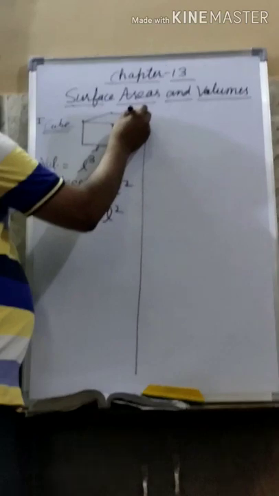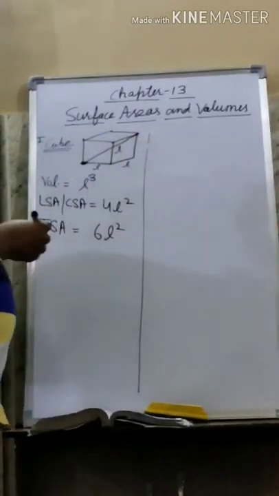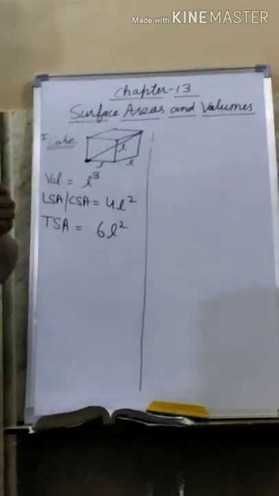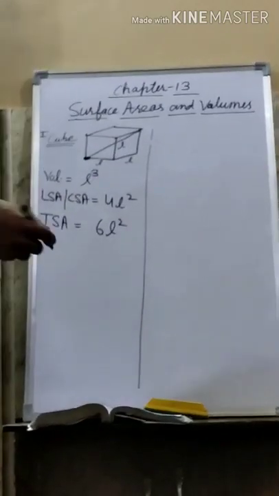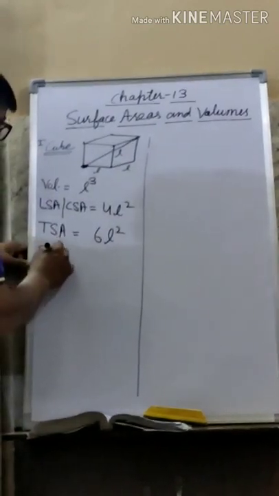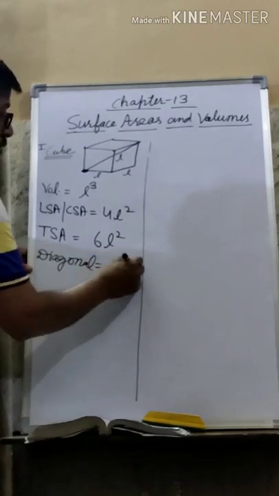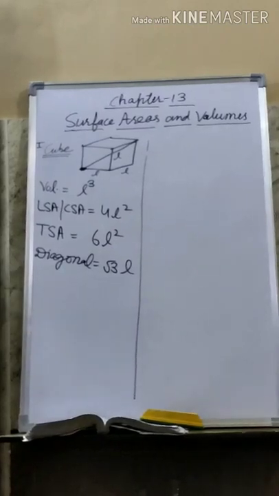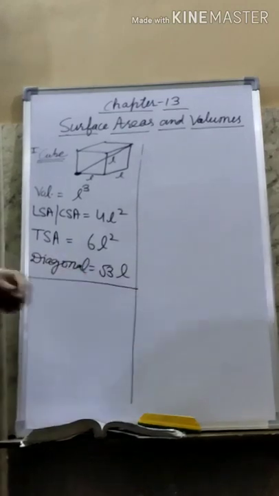Diagonal of cube means from the top vertex to the bottom vertex. So the formula for the diagonal of cube is root 3 into L, root 3 into side. This is called diagonal of the cube.